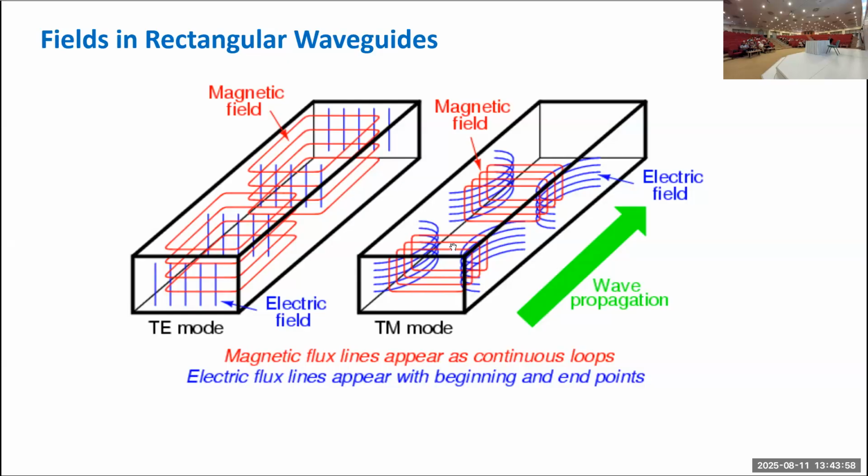As I earlier explained, these transverse magnetic modes are modes in which the electric field is along the direction of propagation, but the magnetic field is perpendicular to the direction of propagation. Similarly, in TE modes, the electric field is perpendicular to the direction of propagation, and the magnetic field is along the direction of propagation.